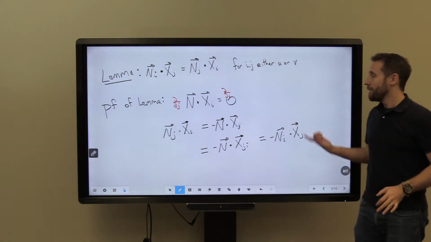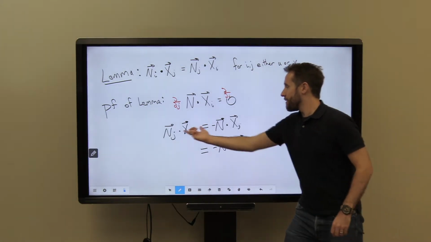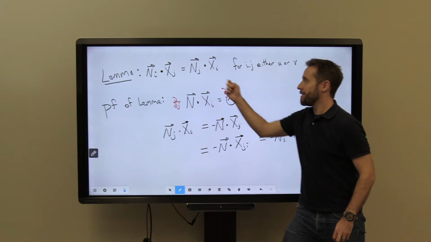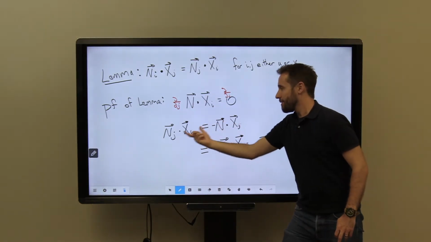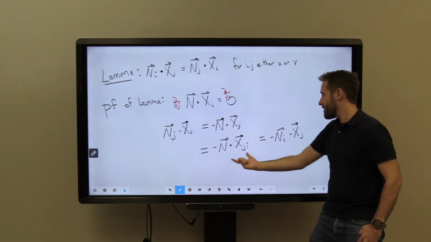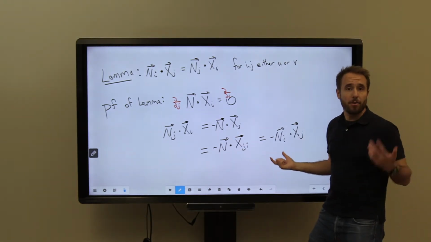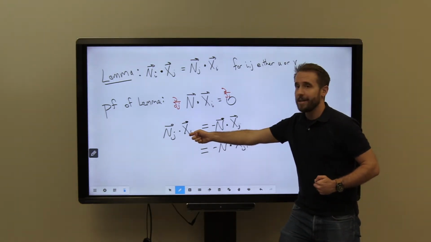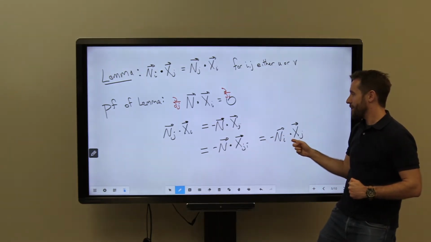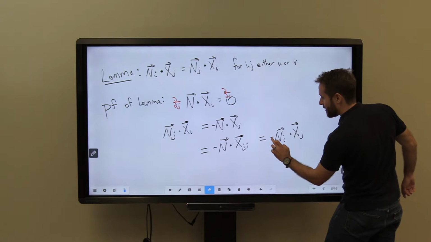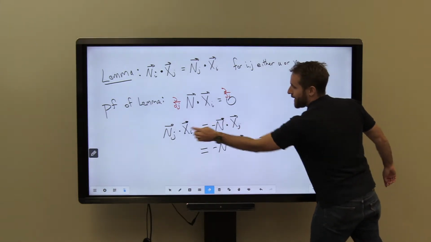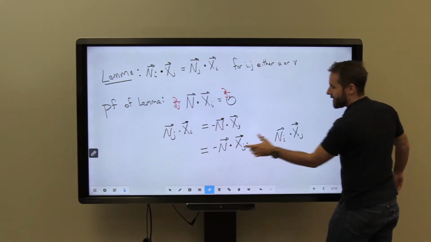So by transitivity, n sub j dot x sub i equals, whoops, I'm sorry, this negative sign should not be here, for the same reason that this positive equaled this negative, it should equal this positive.